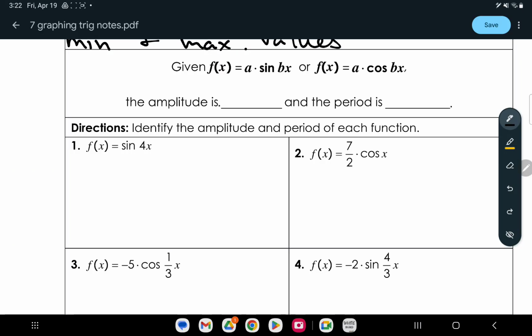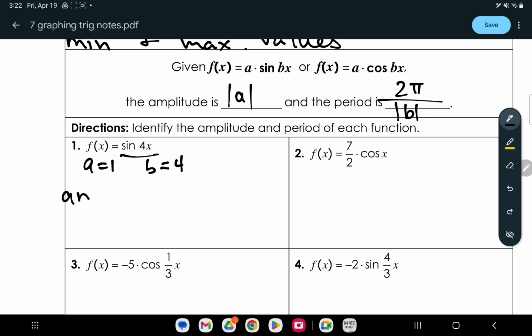So amplitude is the absolute value of A, and the period is 2 pi over the absolute value of B. So if I'm looking here, my A value is 1, my B value is 4.